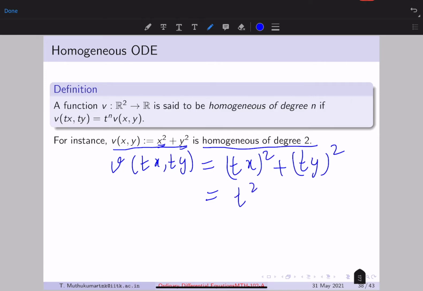So it's t squared times (x squared plus y squared), but x squared plus y squared is precisely v, so it's t squared v(x, y). So this function v is homogeneous of degree 2. This is an example of a homogeneous function. Whenever a function v has this property, you say it's a homogeneous function of degree 2.